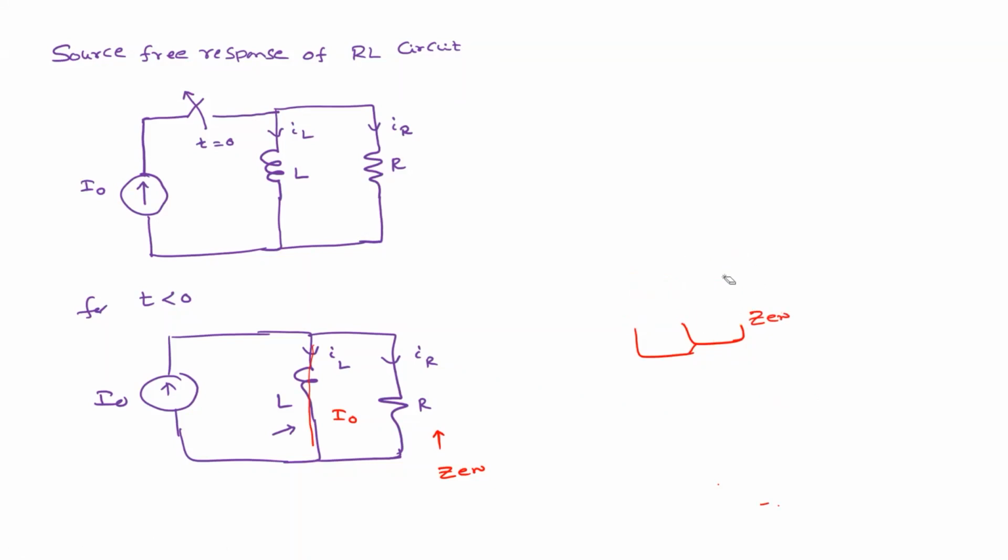Understood? So this is happening for IL of 0 minus. What is IL of 0 minus in this particular case? I naught.